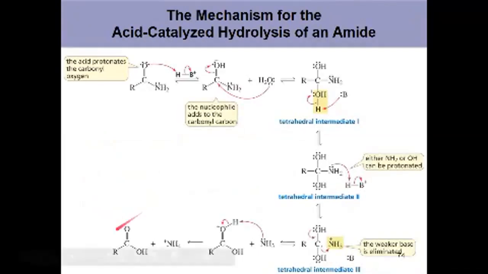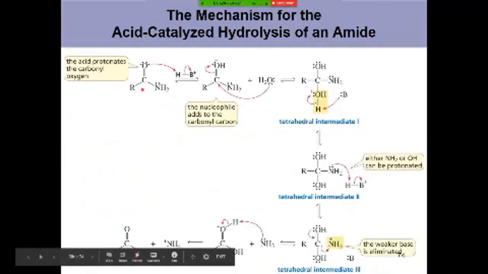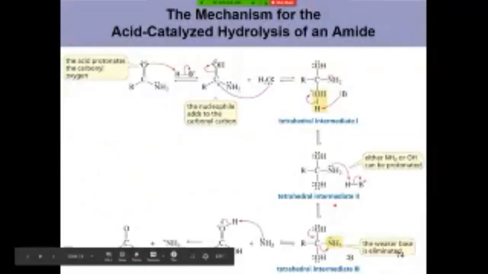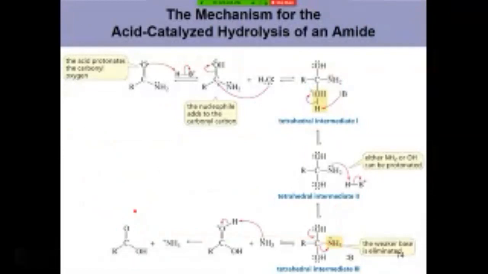We've got an amide instead of an ester, but after that, all the steps are the same: protonation of our carbonyl, a couple of intermediates we're working between, then we get our final product. We want to drive this reaction forward with Le Chatelier's principle by using an excess of water in this situation.